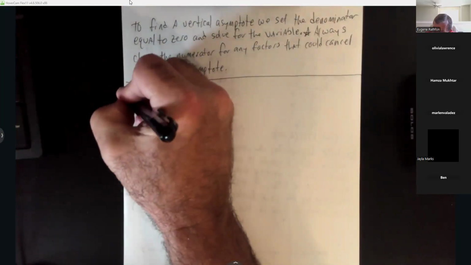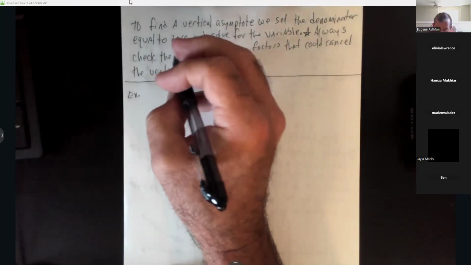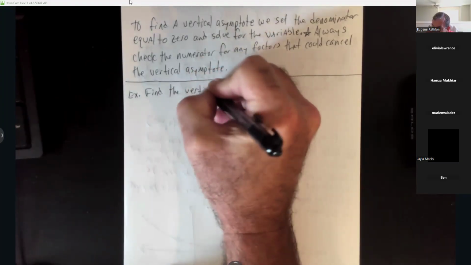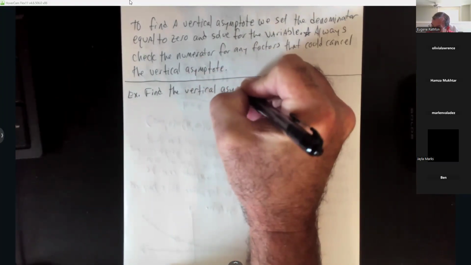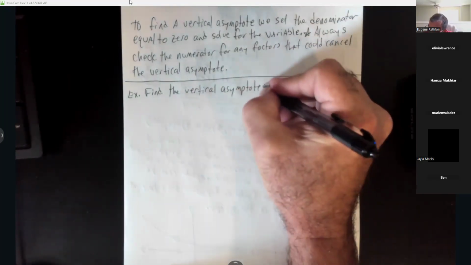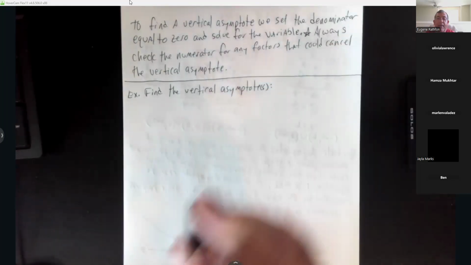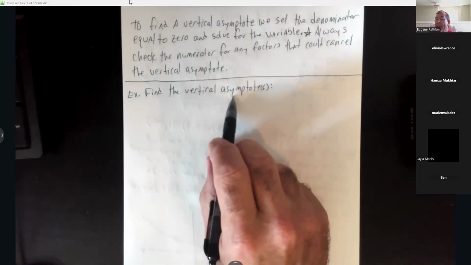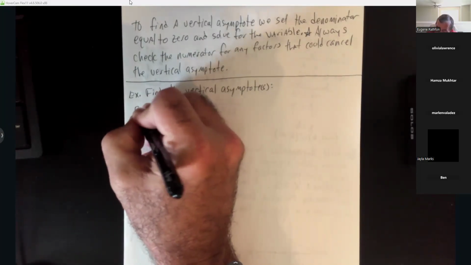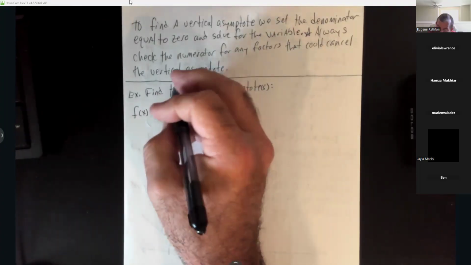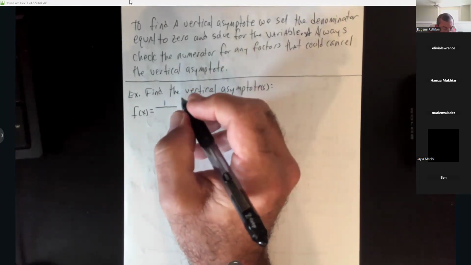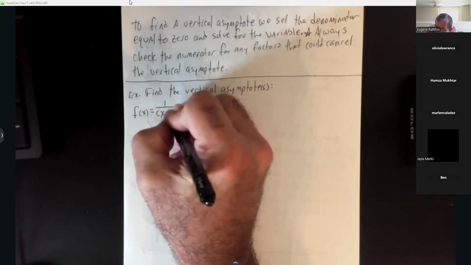So, y'all, these examples are going to say, find the vertical asymptotes. And that could be more than one, so that's going to be an S, okay? So there might be an asymptote, might be several asymptotes. So, my first one, f of x equals 1 over (x minus 2) squared.